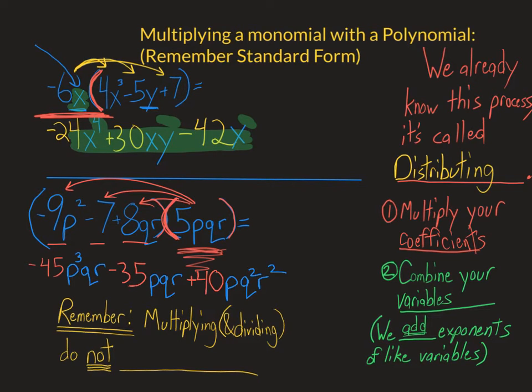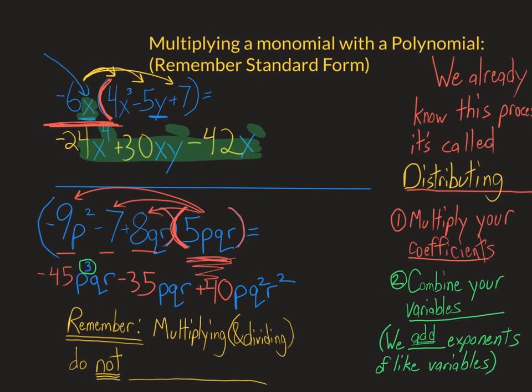Now let's double check. Are we in standard form? Yep. Highest exponent. No, actually we're not. Highest exponent is first. But right now we have squareds second, so we do need to rewrite this guy. It should be negative 45 P cubed QR, and now the plus 40 goes next because he's got more exponents.